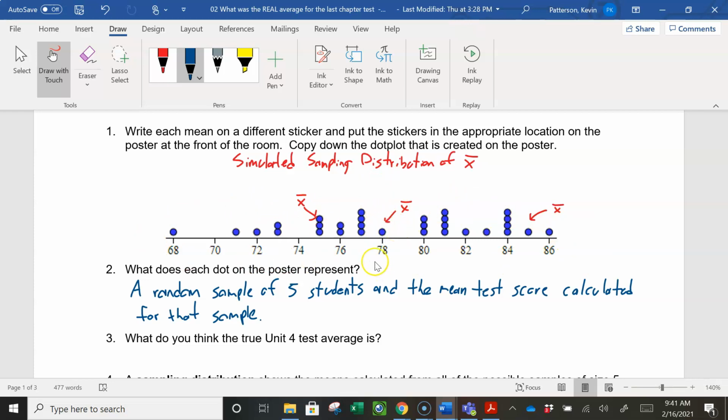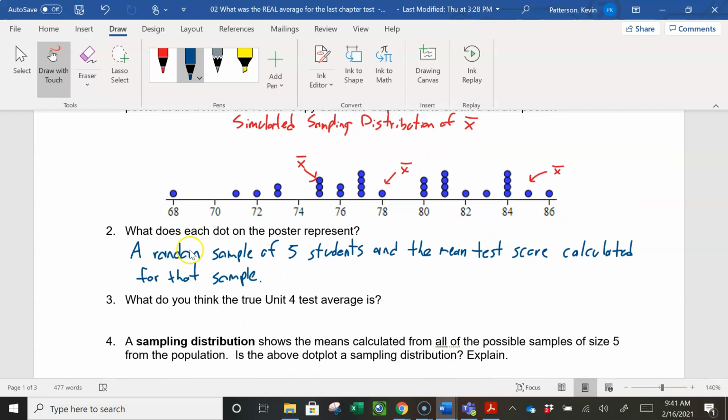If I had to guess, I would say, heck, it looks like maybe 79 might split all this data in half evenly. So I'm going to say about 79, I would guess, because it looks like half my samples fall below 79, half my samples fall above 79.